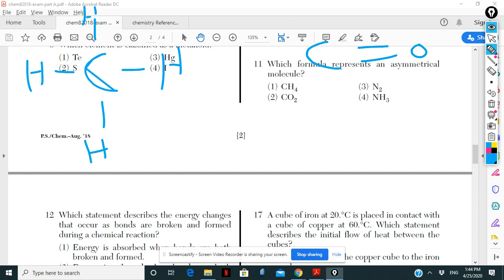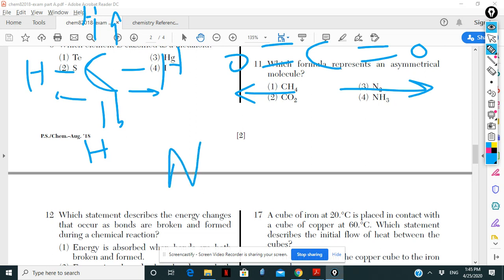C double bond O, that's carbon dioxide. I have a balance. What does it mean, a balance? I have the forces working in opposite directions. So here, it's moving right and left. Here, right and left, up and down. So I have symmetry. Here is the same, right and left.